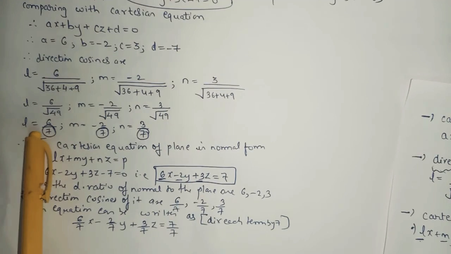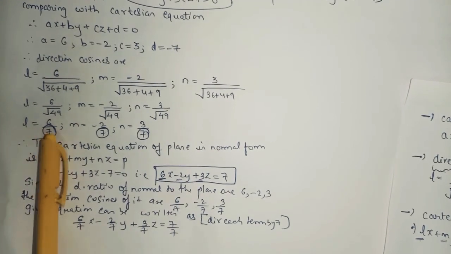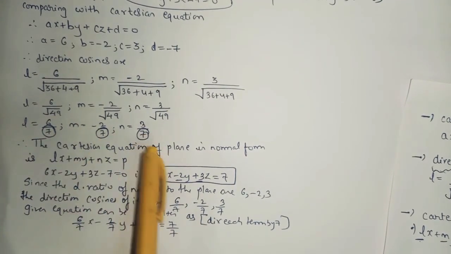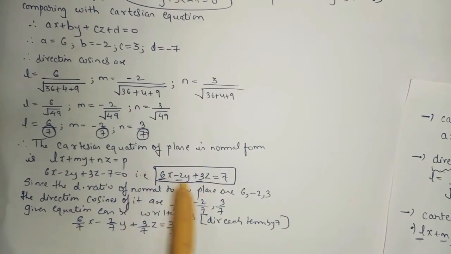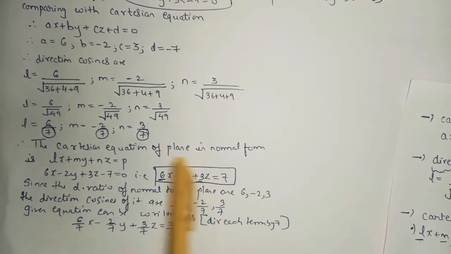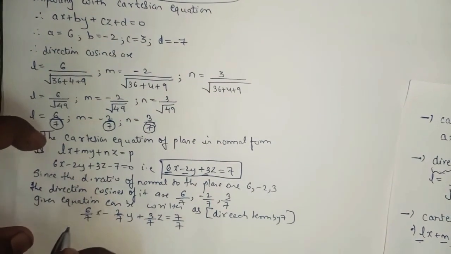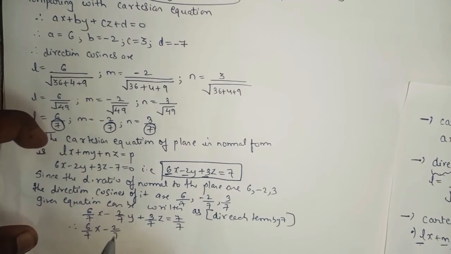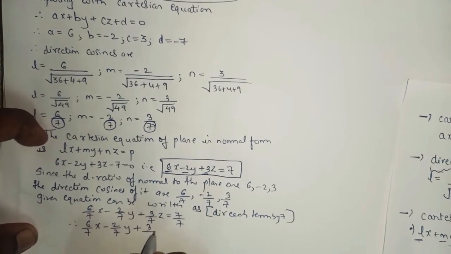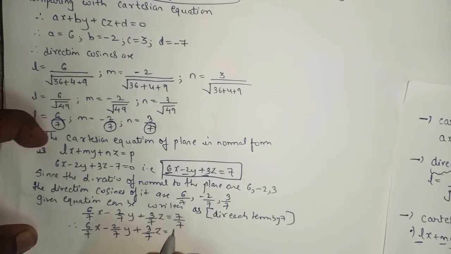So here we got 6 upon 7, minus 2 upon 7 and 3 upon 7, which are the direction cosines. So simply you will divide this given equation by 7, and this will be 6 upon 7 x minus 2 upon 7 y plus 3 upon 7 z equals 7 upon 7.